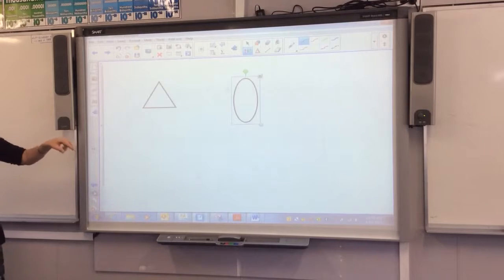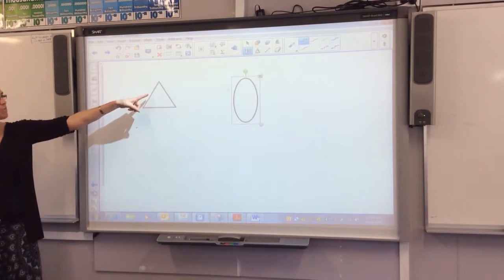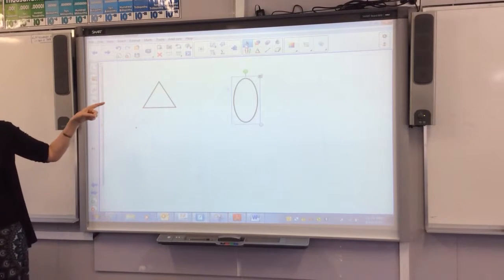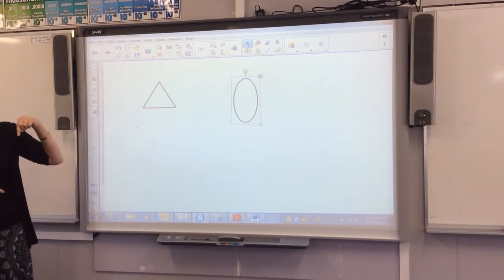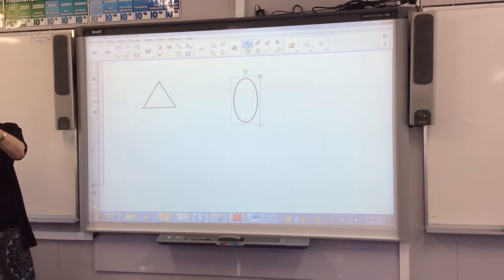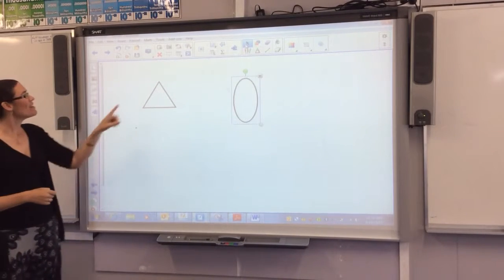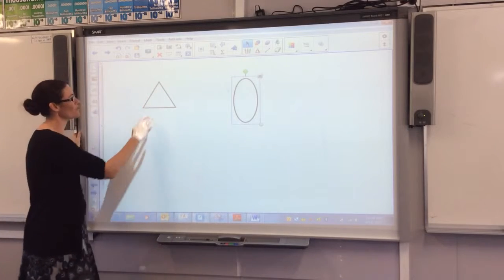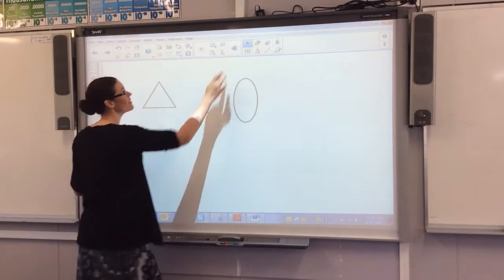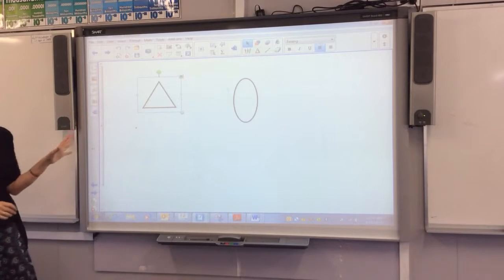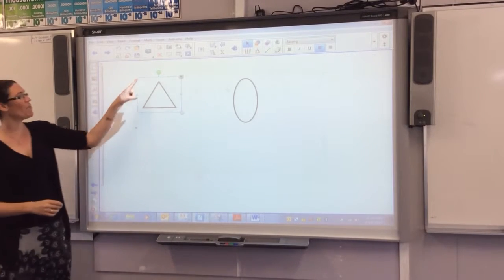Alright, so I've got 2 shapes here. First one is what? Triangle. What sort of triangle? Equilateral triangle. Thank you, Callum. Nailed it. Now, here's my equilateral triangle, with the point straight up.